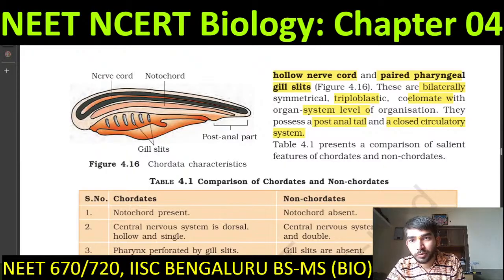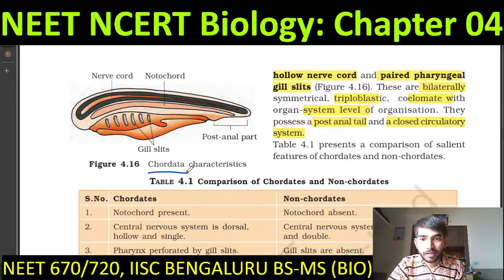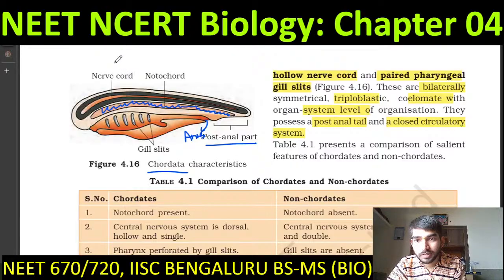So this is how an ideal chordate will look. It has a post-anal tail after the anus. This is the anus, there is this tail-like structure, and there is this notochord, which you can see here. This is the nerve cord, which is on the dorsal side, as you can see here. This is the belly side, which is also called the ventral side.